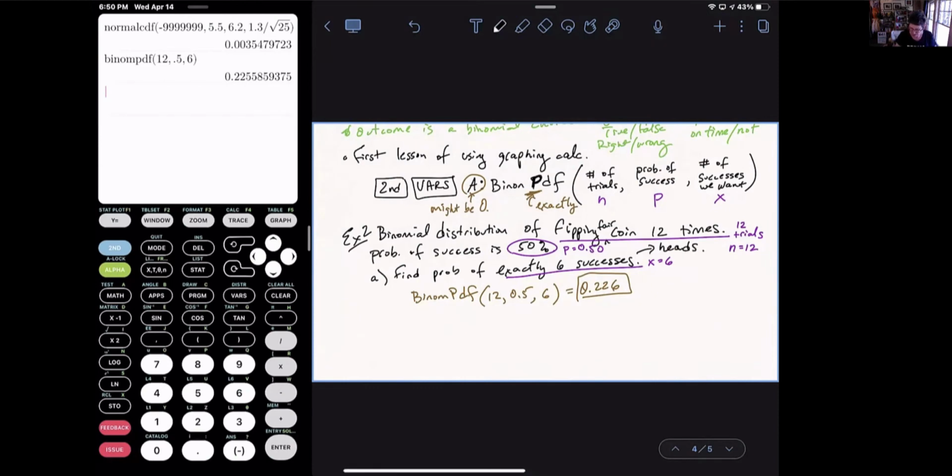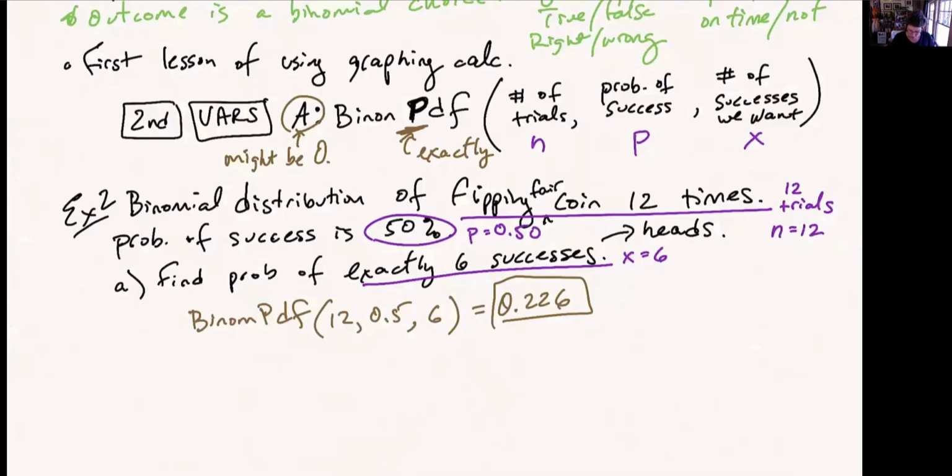All right, so that's how we do the binom PDF. Binom PDF is when you're looking for exactly a specific output. And what's nice, remember, let's say you wanted to find the probability of exactly 2 successes. Remember, you can use second enter to bring it back, and then the only thing you have to do is change the 6 to a 2.